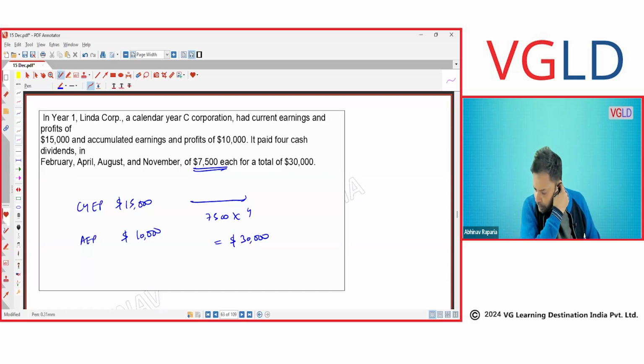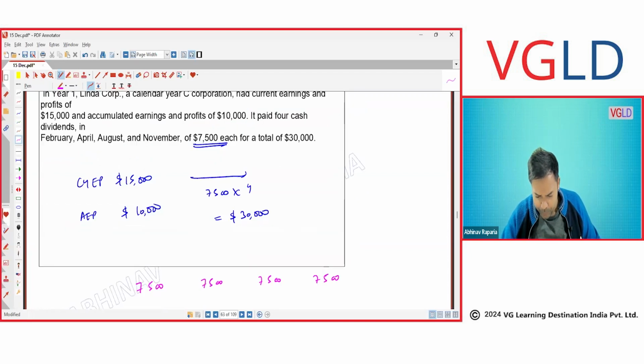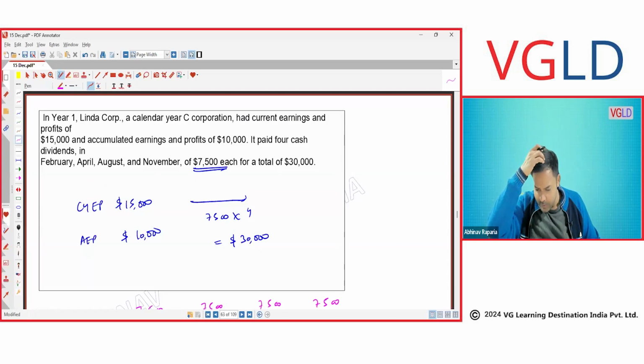Now, let's do that, everyone. How much are we having? 7,500 in each of the four distributions. First, I am having current year earnings of 15,000. So how much should I allocate in each of the four, value wise?